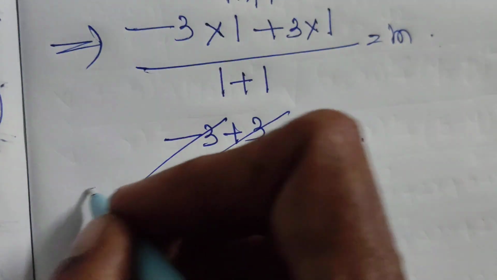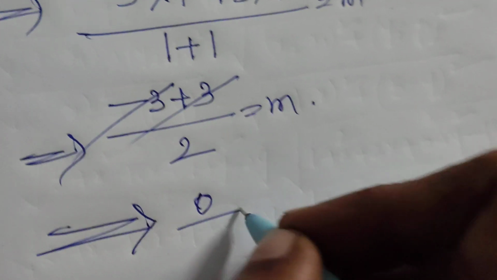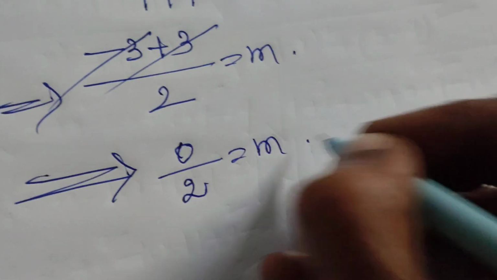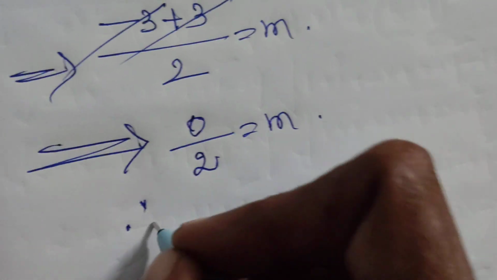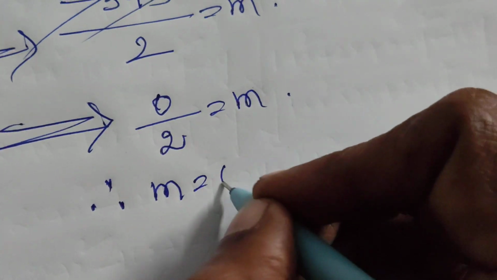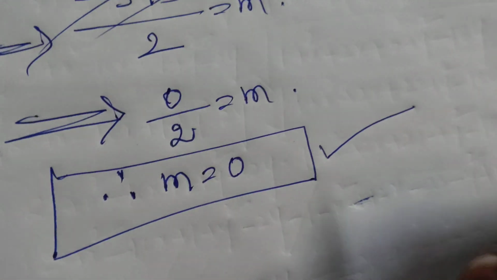Minus 3 plus 3 gets cancelled, that implies 0 by 2 equals m. Zero divided by anything is always 0. Therefore, m equals 0.